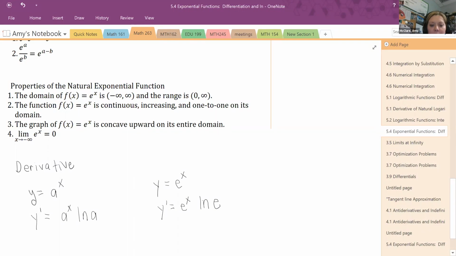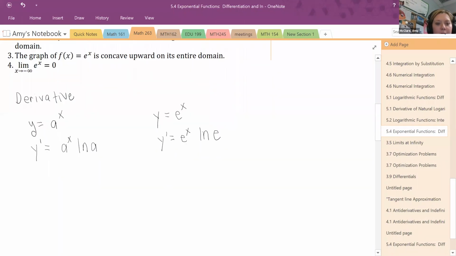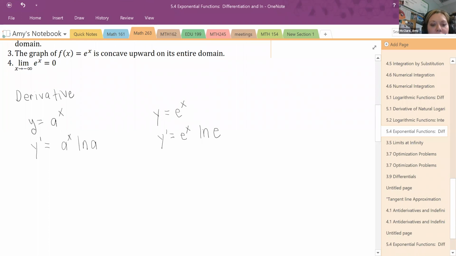I don't know if any of you remember, but if you want to take a second, get your calculator out and put in the ln of e. The ln of e is equal to 1.